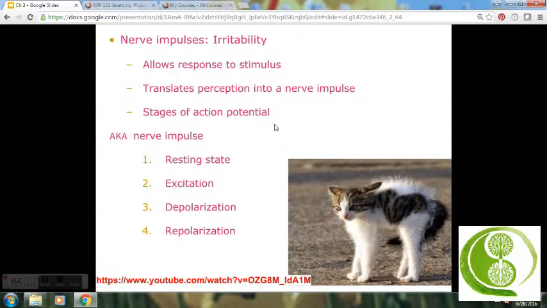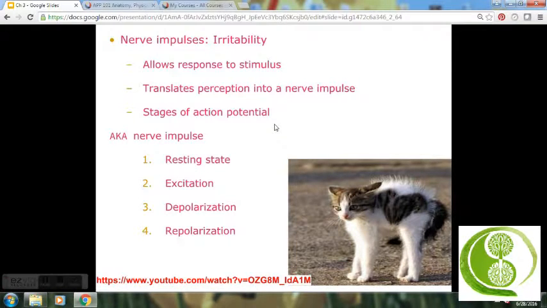Okay, next up is irritability. With irritability, this is a form of a nerve impulse. You have irritability and also conductivity. A neuron's irritability allows it to respond to a stimulus and translate that perception into a nerve impulse.